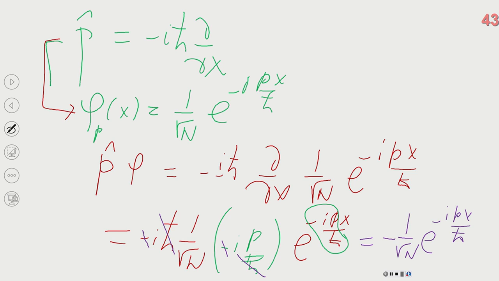So probably it was not the best idea to put minus. If you would put plus right away, you wouldn't have minus in there.